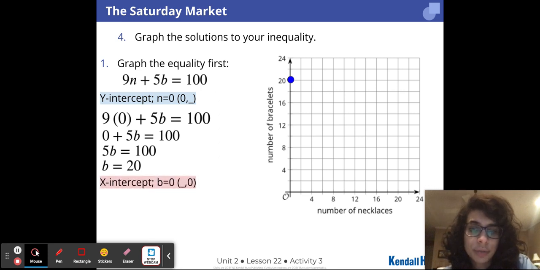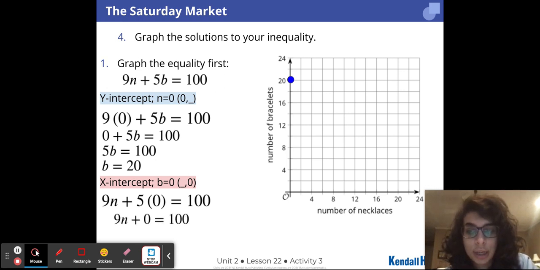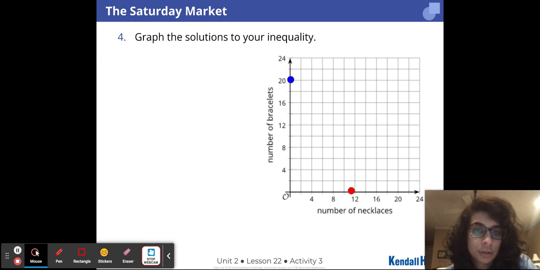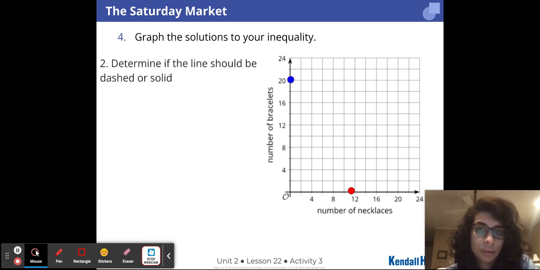Your other intercept of the graph: 9n plus 5 times 0 is equal to 100. So that tells me 9n plus 0 is equal to 100. 9n is equal to 100, and n is equal to 11.1. You're going to plot your second point on the graph. Once you get to that point, you are going to determine if the line should be dashed or solid.